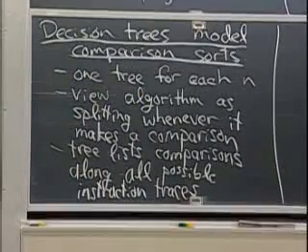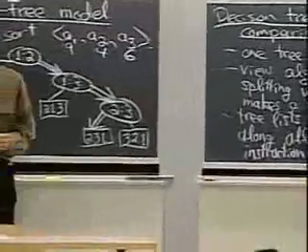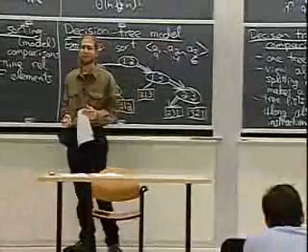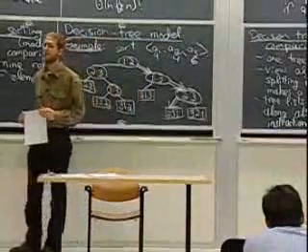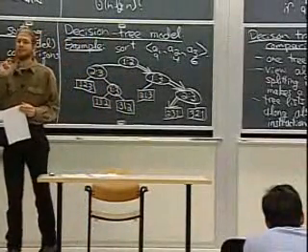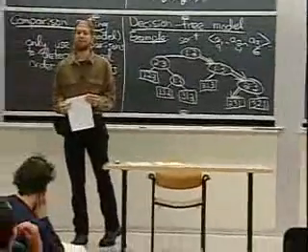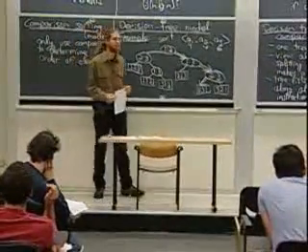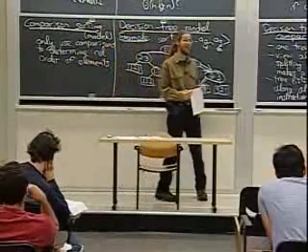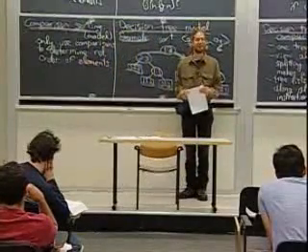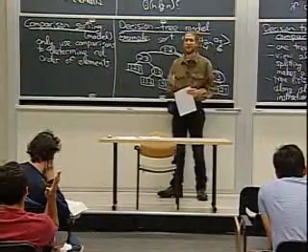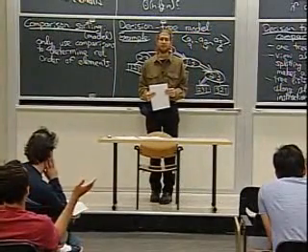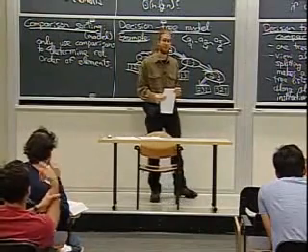Now, how big will that tree be, roughly, as a function of n? Well, if it has to sort any possible list, it's going to have all the permutations of your original.